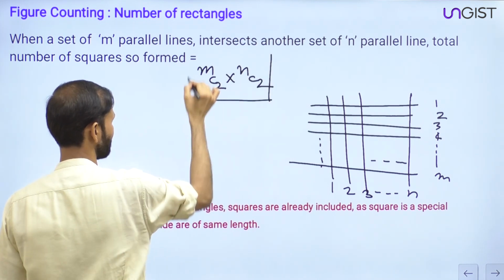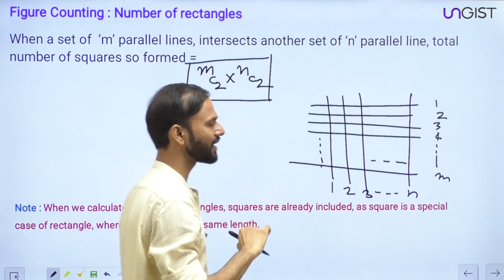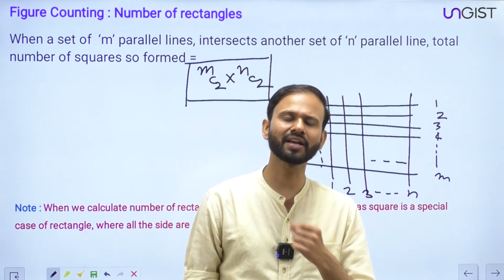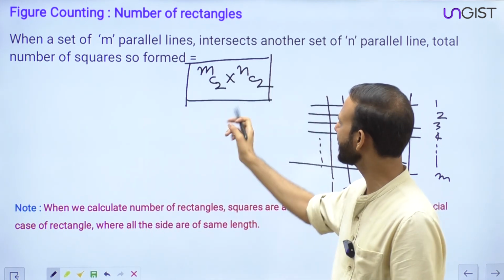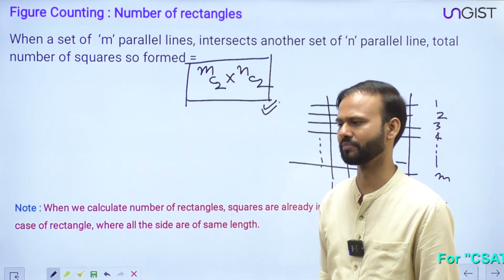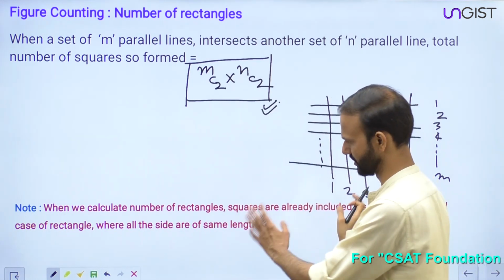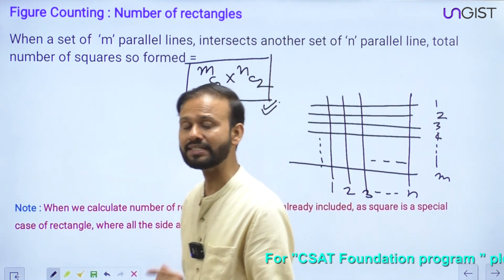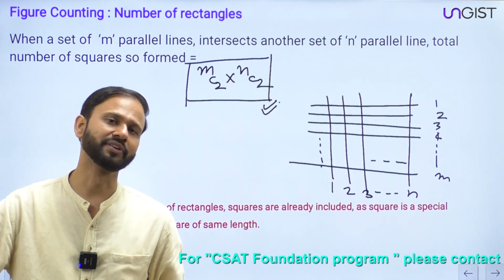Please write this down. If n parallel lines intersect a set of m parallel lines, then the total number of rectangles so formed is equal to mC2 into nC2. Please note down the complete thing, whatever is written in this slide. And guys, one more thing is important over here.